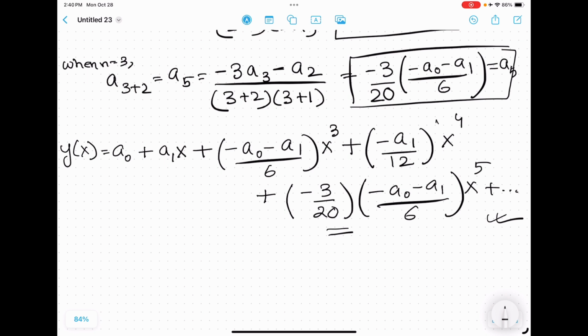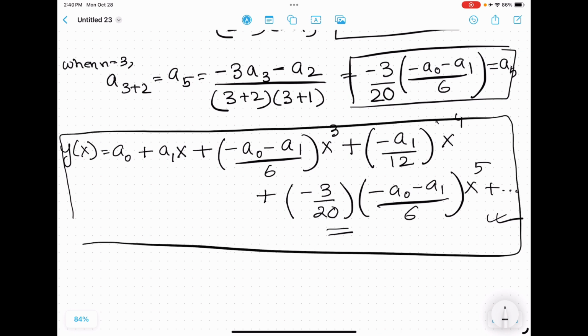Again, there is no correct way of simplifying it. You can simplify in as many ways as you want, but I'll just leave the answer here as it is. So this is my solution for question number 6.